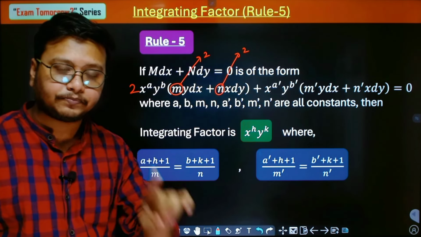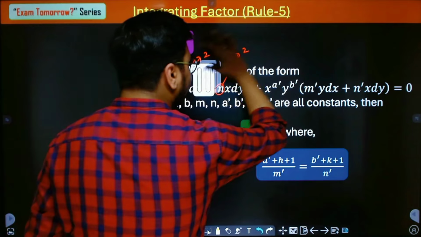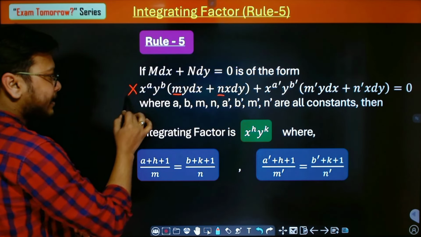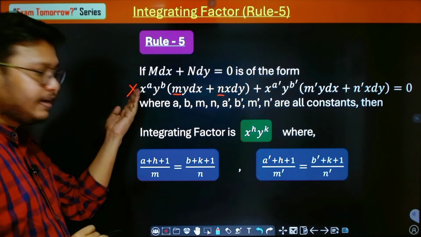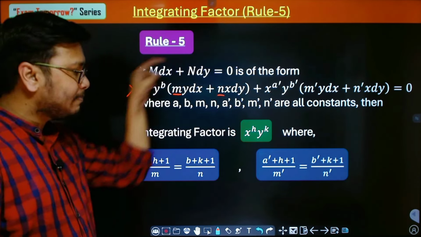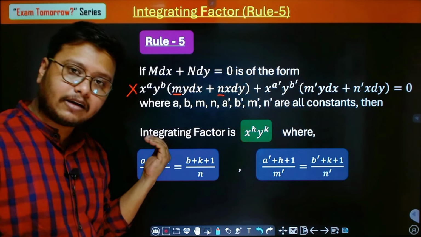That will become wrong. Remember, you have to maintain this format that all the constants have to be inside. There cannot be any constant outside. Although you might be able to take it common, don't take the common factor outside.